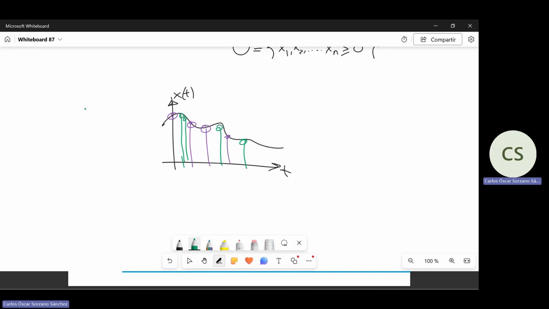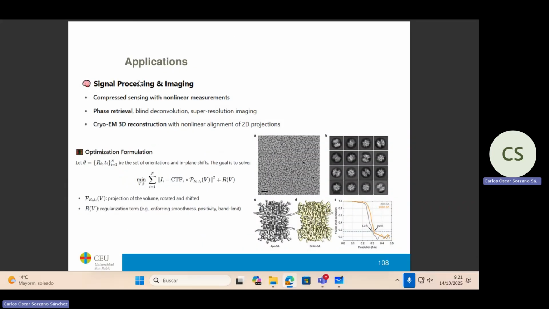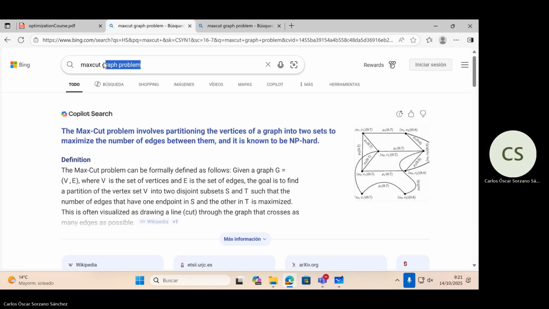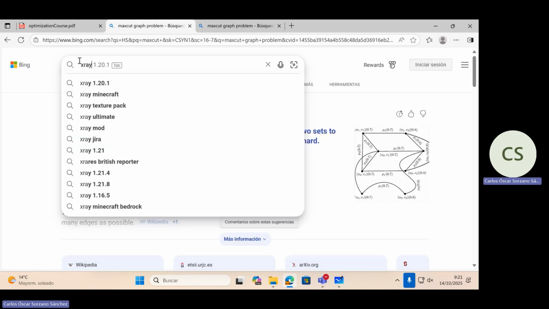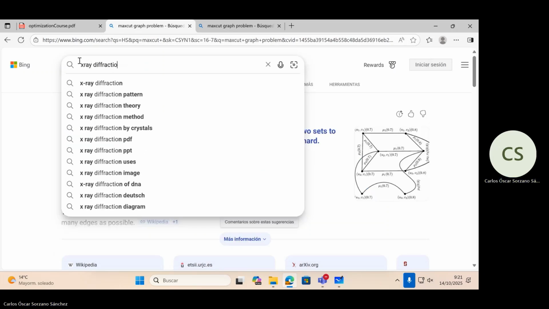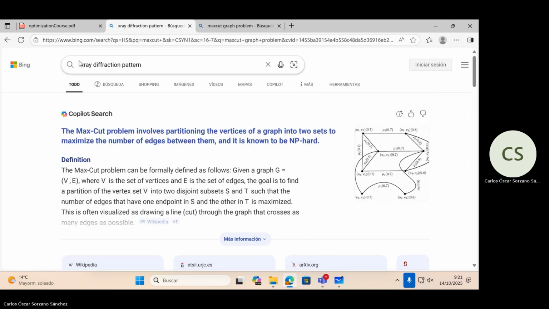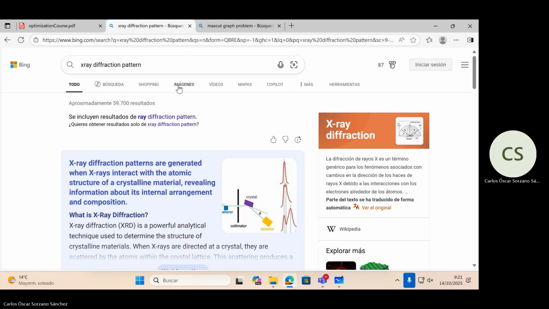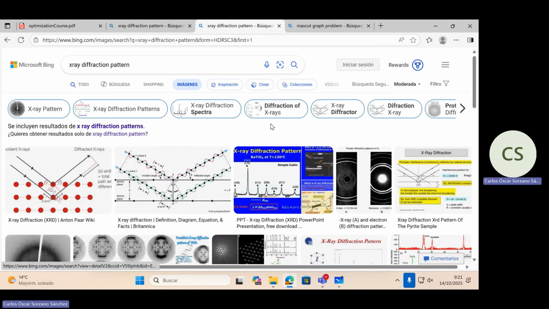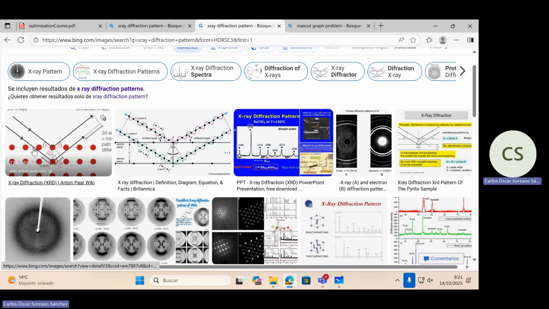So, X-ray diffraction. You have a crystal. A crystal is nothing more than a regular repetition of some molecule.